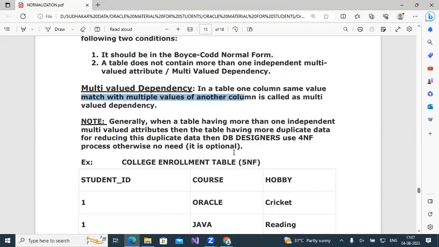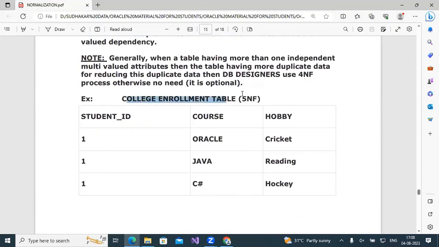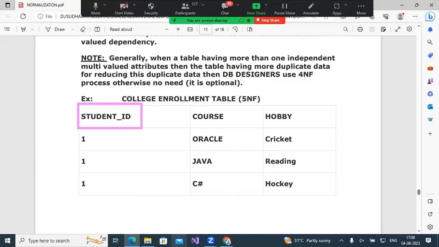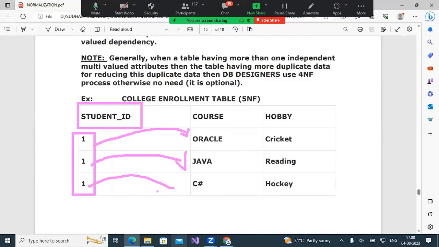For example, you can see here the college enrollment table: student ID, course, hobbies. Student ID is one column, with the same value. How many times is it mapping? One with Oracle is one mapping, one with Java is one mapping, one with C# is one more mapping.